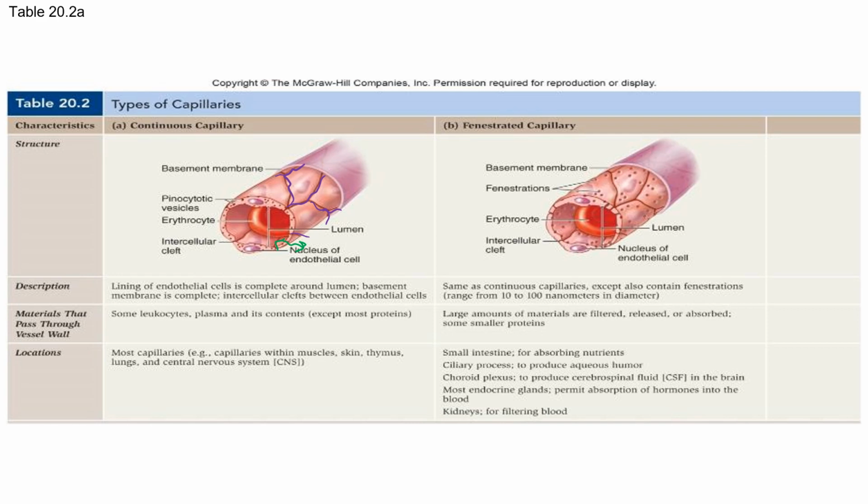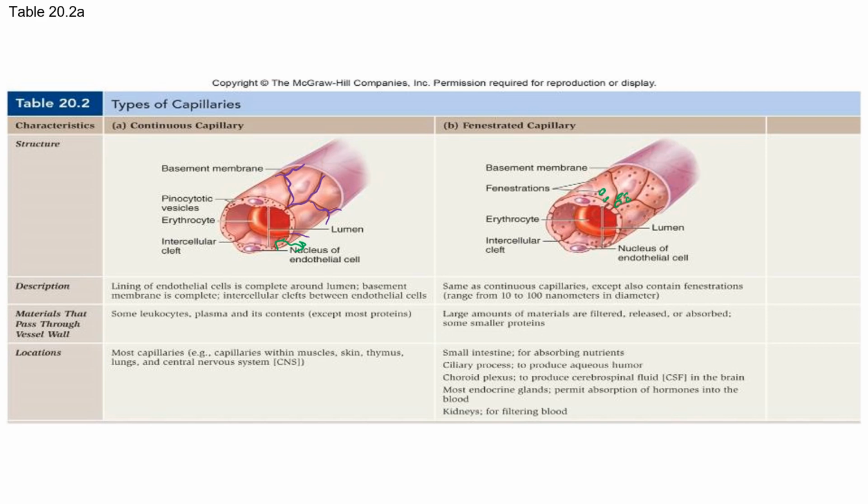A fenestrated capillary happens in organs that have a lot of nutrient exchange and other fluid exchange between the blood vessels. They have these tiny holes called fenestrations that allow bulk flow of fluid into and out of the blood vessel.